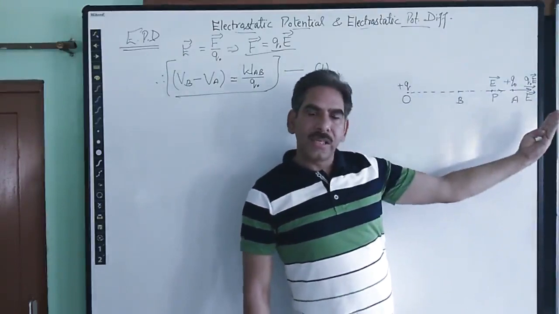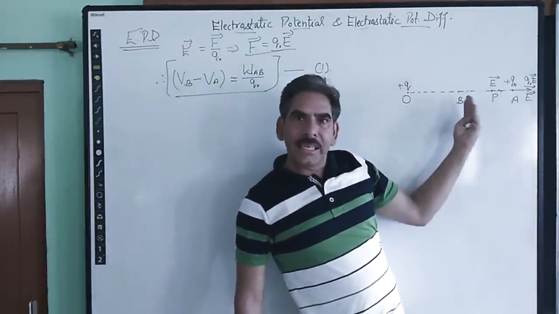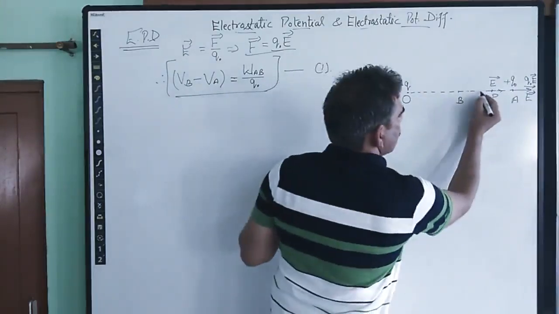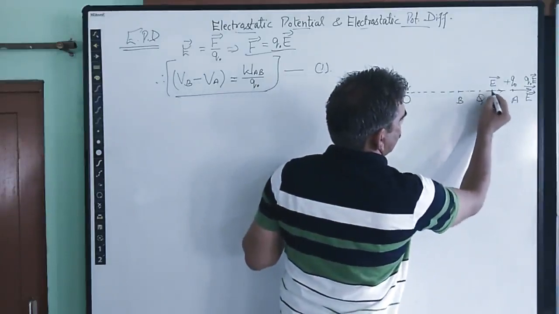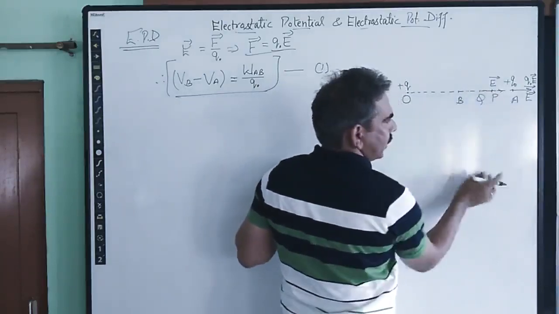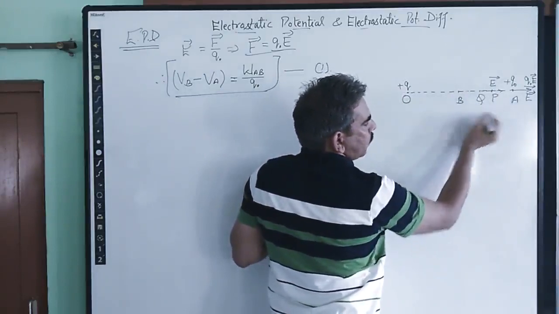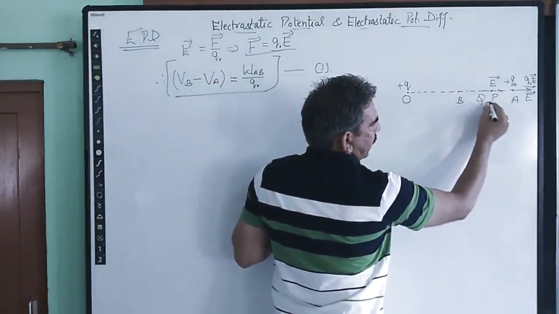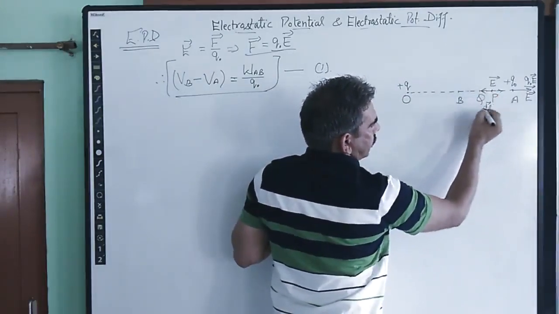So in order to bring the charge against that electrostatic force through a small displacement dl, suppose that we are displacing the charge from point P to Q. This is the small displacement dl in this direction.